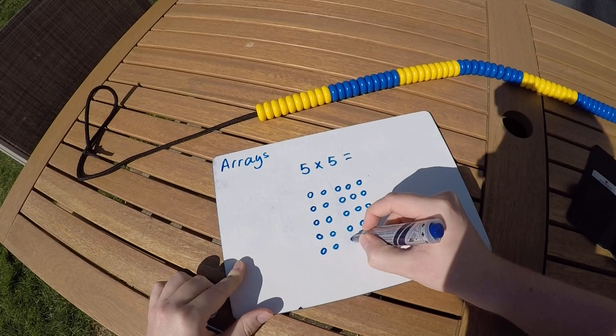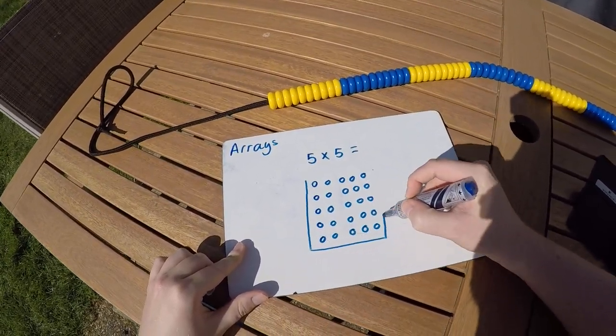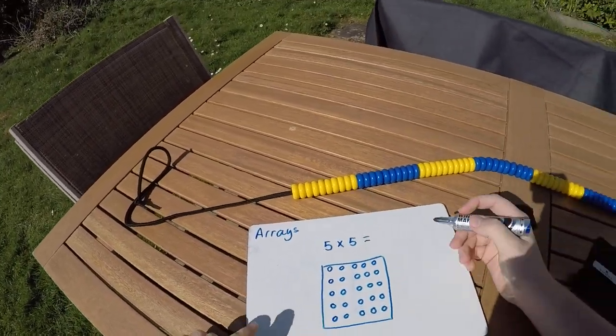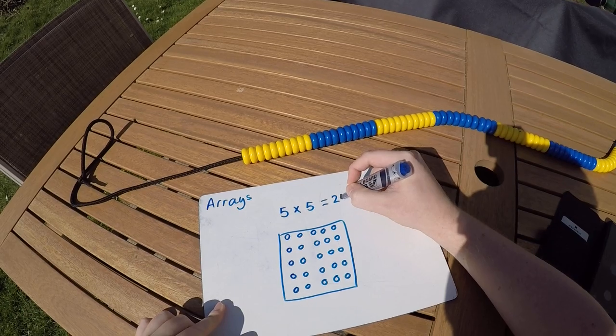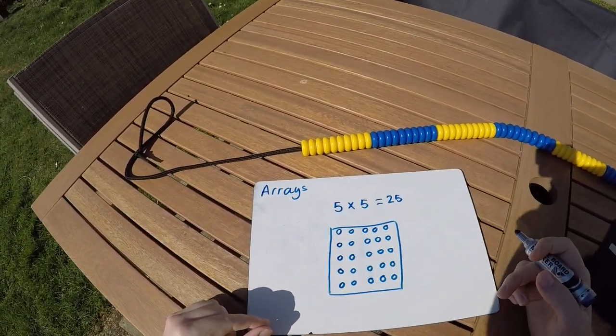Because that array makes a square, that's the reason when a number's times by itself, it's called a square number. So 25 being a square number because it's 5 times 5. So as you've got them there.